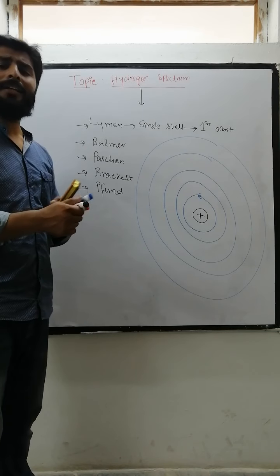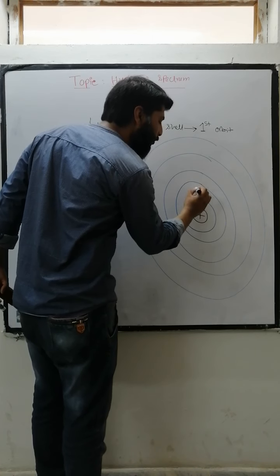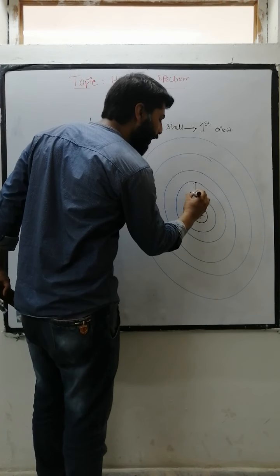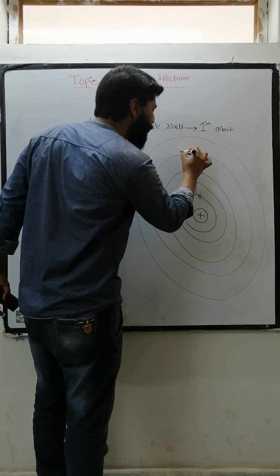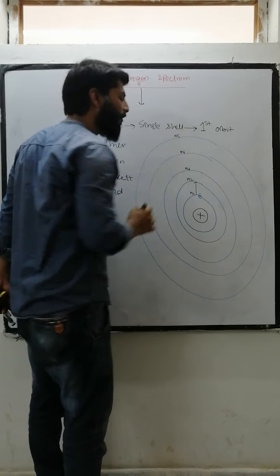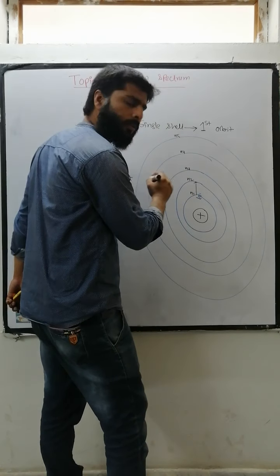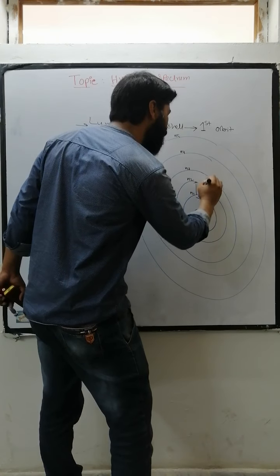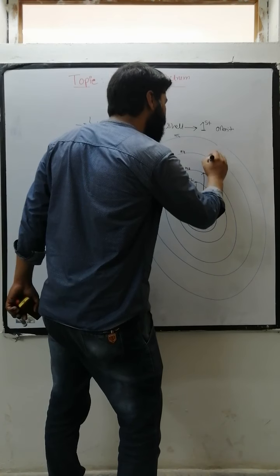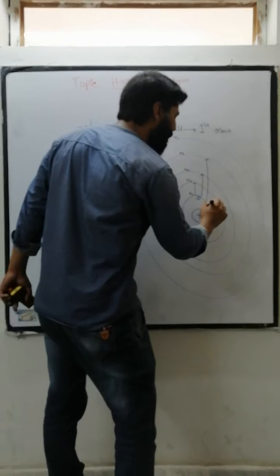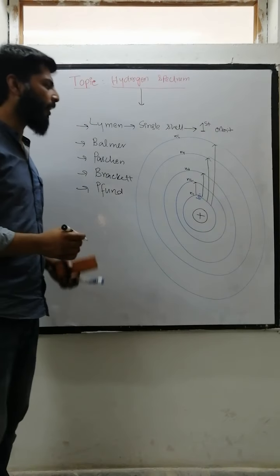When they get excited, they may be shifted from N1 to N2. This is N1, this is N2, this is N3, this is N4, and this is N5. This electron may jump from N1 to N2, or from N1 to N3. It may jump from N1 to N4, and it may also jump from N1 to N5.